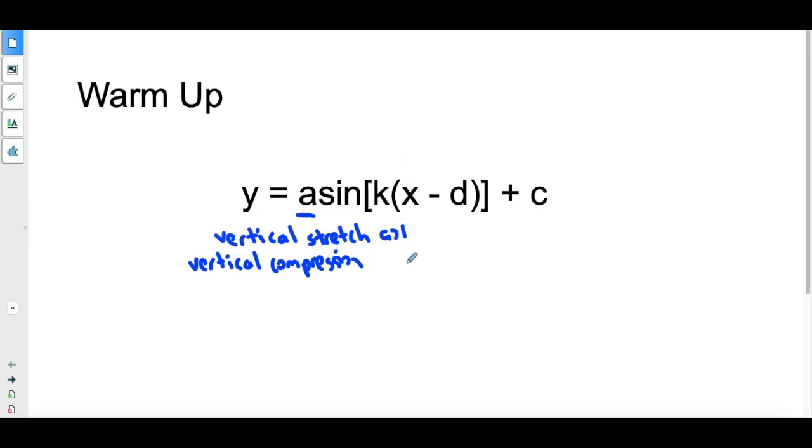And if my a value is between 0 and 1, that's a vertical compression. And if my a value is negative, then we just flip the graph upside down. Or in other words, in mathematical terms, we can say we reflect the graph in the x-axis.